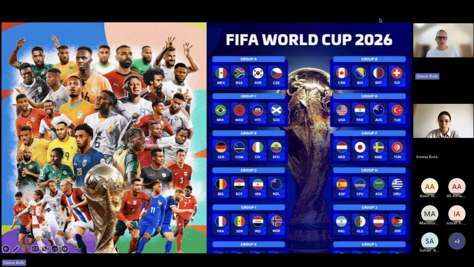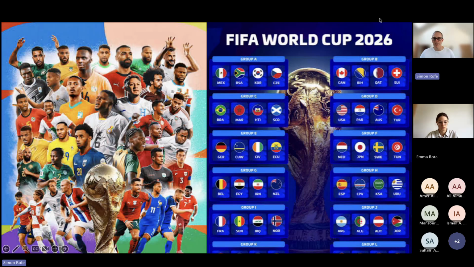Give some thought to what you see. So let me share a little. The image on the right-hand side of the screen shows a number of little circular flags, allocated into a structure that FIFA has given for the World Cup.